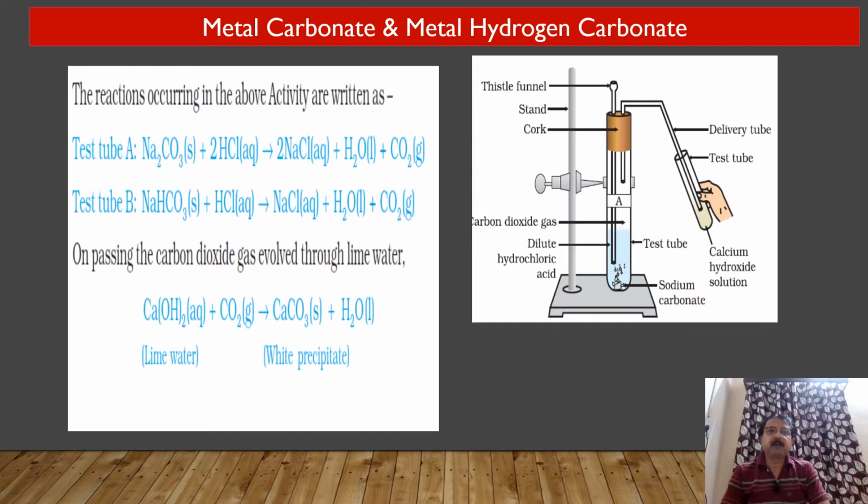So we'll see here sodium carbonate, that is Na2CO3, plus 2HCl, will form sodium chloride, that is NaCl, plus H2O water plus CO2, that is gas.